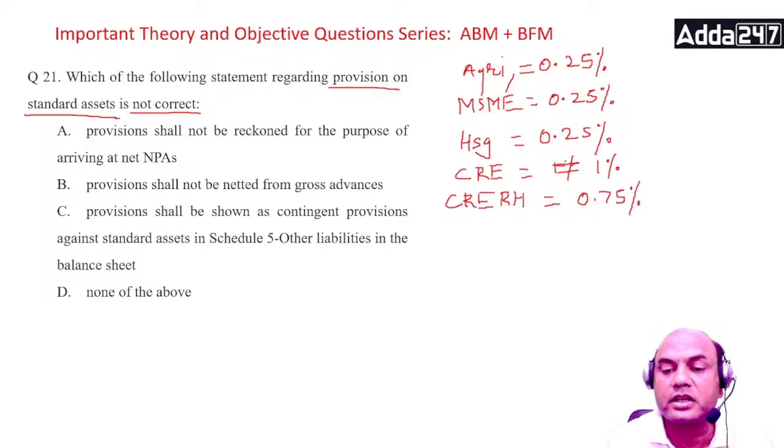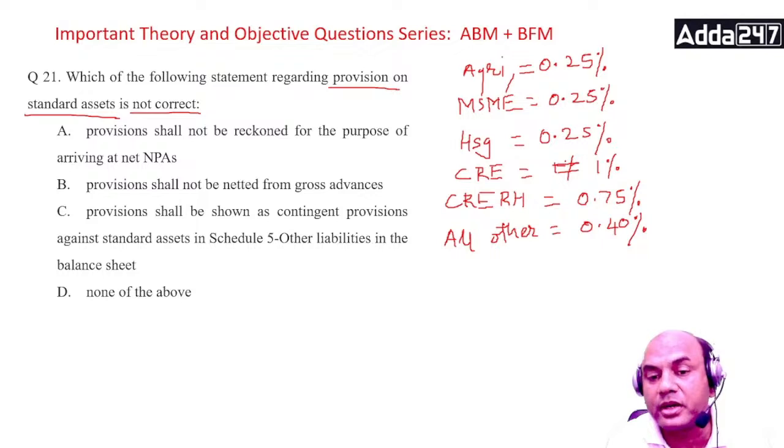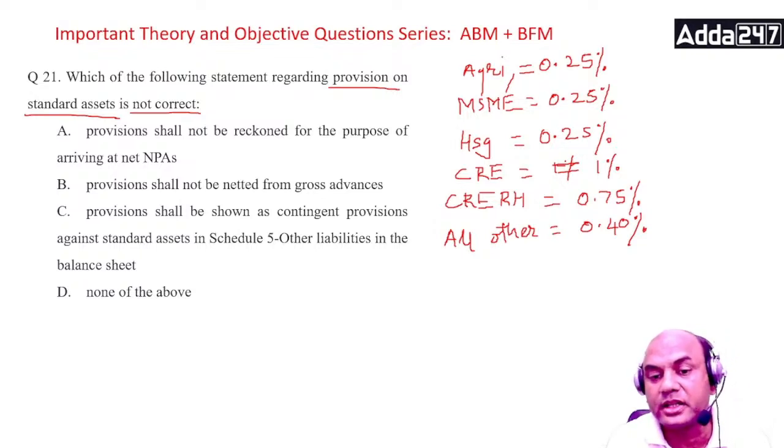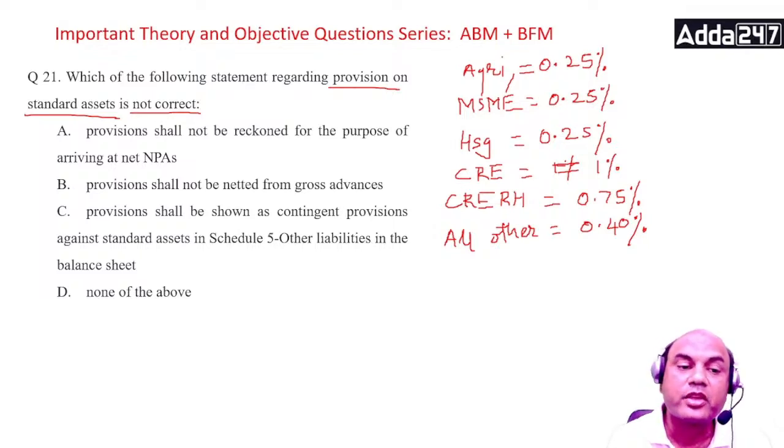And for all other loans, the provision is 0.4%. So these are the provisions given. Remember these by heart. Again I'll repeat: agri 0.25, MSME 0.25, housing 0.25, commercial real estate 1%, commercial real estate with residential housing 0.75%, all others 0.4%. So what do we want now?